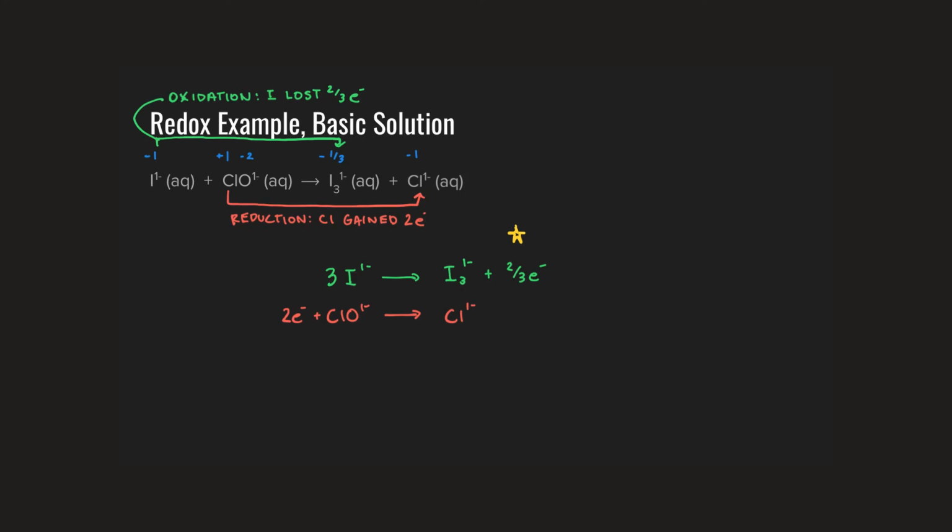Because I multiplied the iodines by a factor of 3, if each of the iodines was losing 2/3 of an electron, I'm essentially then just going to multiply that by 3, which means 3 times 2/3, there are a total of 2 electrons given up as those 3 iodide ions are oxidized to 1 I3 triiodide. And that all of a sudden makes more logical sense. I'm no longer dealing now with fractional electrons. All right, so we've balanced our oxidation half step.